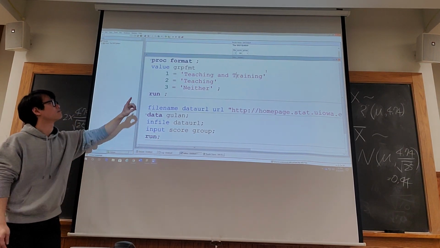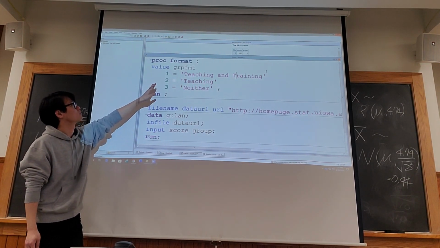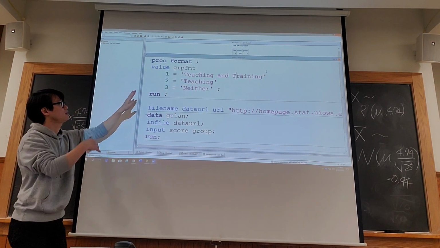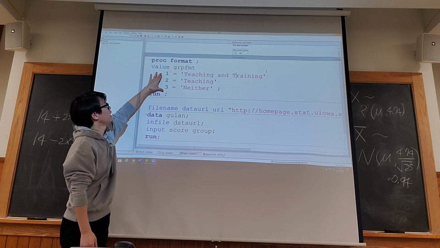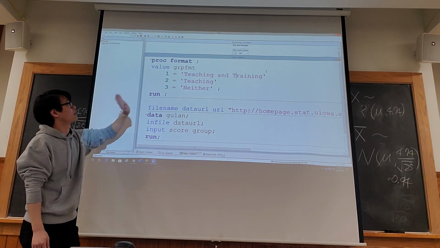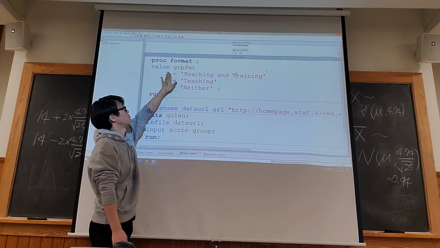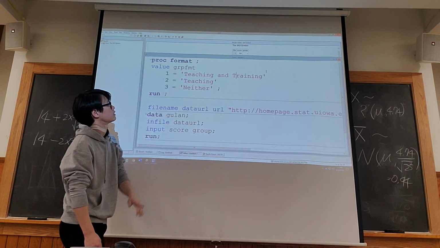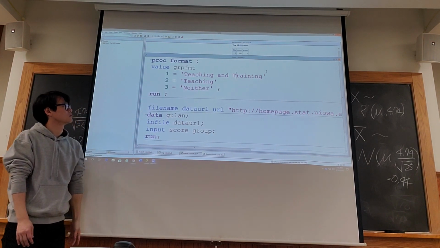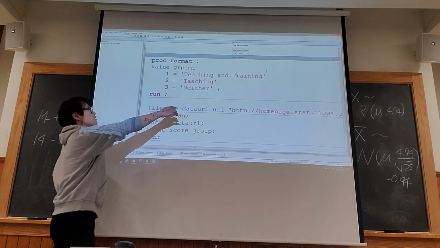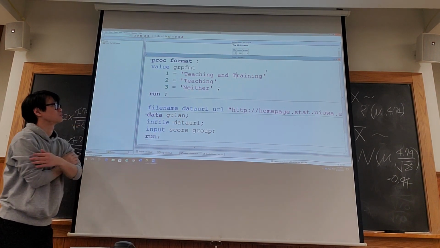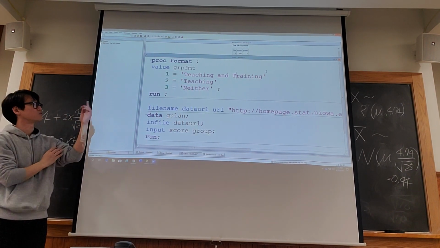The name of my format is GRP FMT, which stands for group format. That format tells SAS whenever it has a 1, replace that value with teaching and training. And whenever it has a number 2, please replace this number with teaching, and 3 with neither.